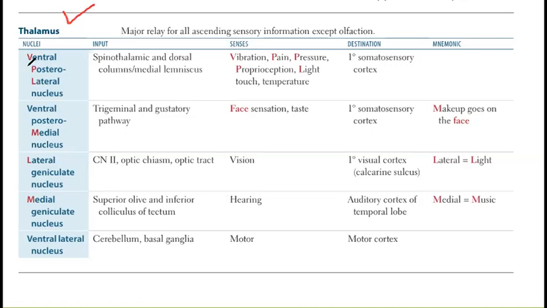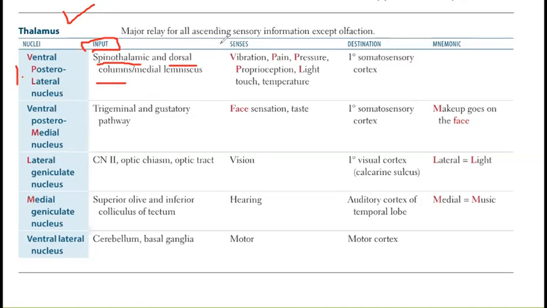We have the ventral posterolateral nucleus, VPL, and you see it gets the stimulus, or you can say input, from the spinothalamic and dorsal column tract. We have studied both of them now. The spinothalamic is the anterolateral one, and then the dorsal column tract.